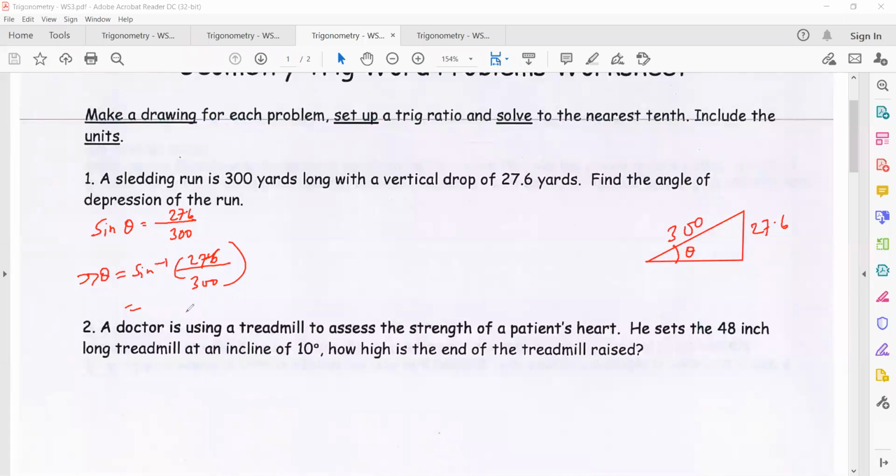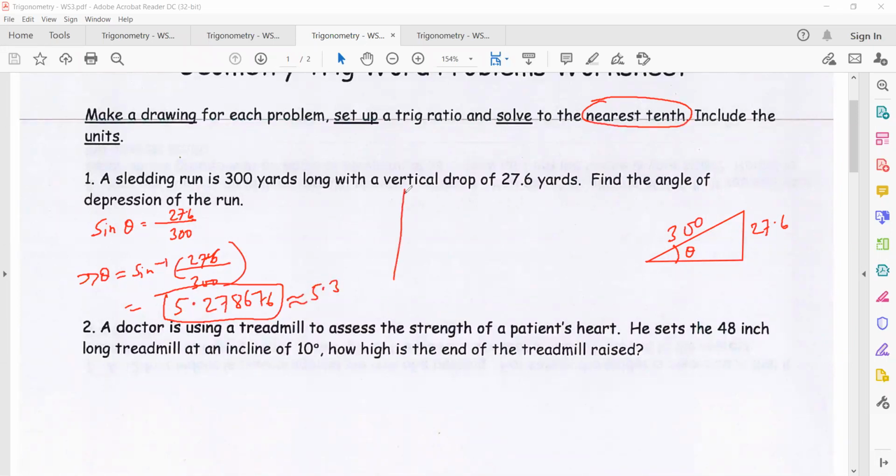The answer is 5.27 something. I will not take all of them. I will take one decimal place because you have to round to the nearest tenth. So your answer will be 5.3.